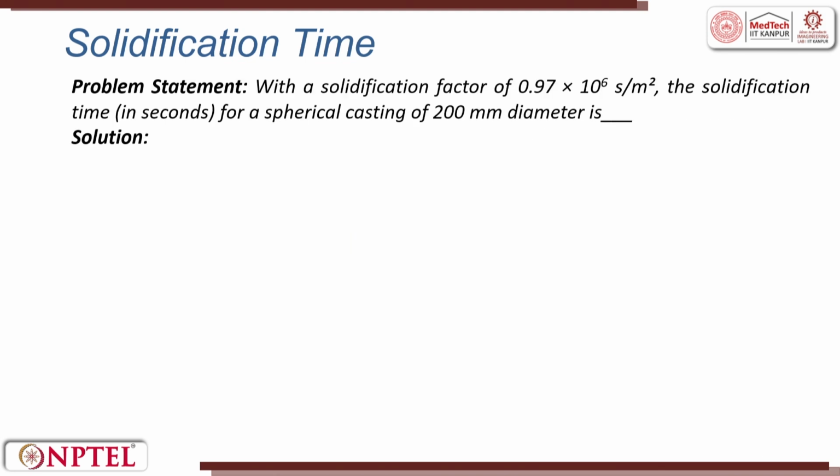Let us go through a problem statement. With a solidification factor of 0.97 into 10 to the power 6 seconds per meter square, the solidification time in seconds for a spherical casting of 200 millimeter diameter is to be calculated. So the solidification factor K is given as 0.97 into 10 to the power 6 seconds per meter square.